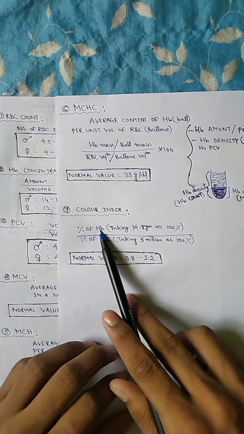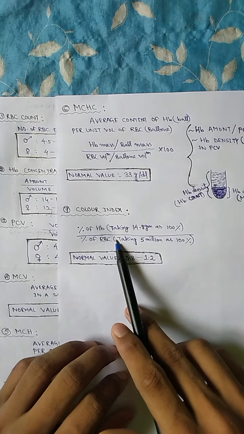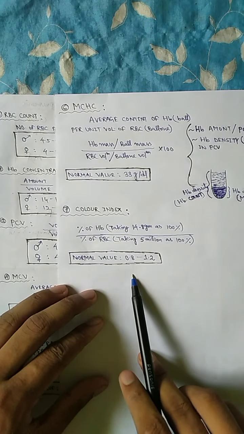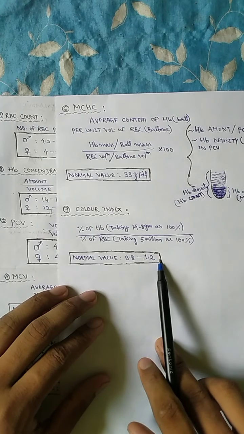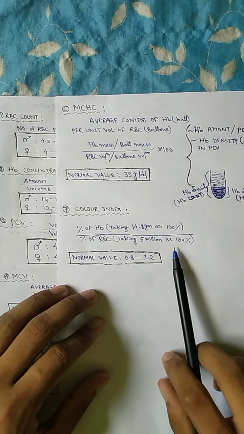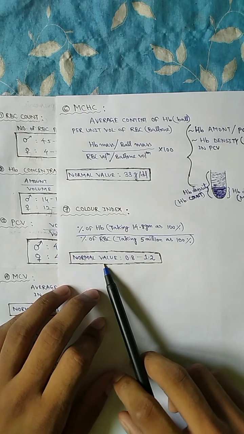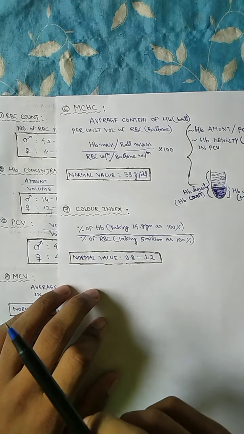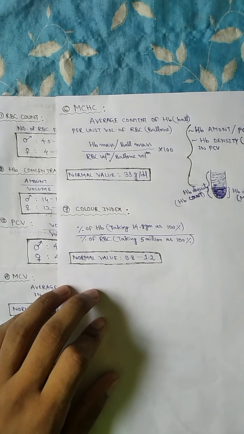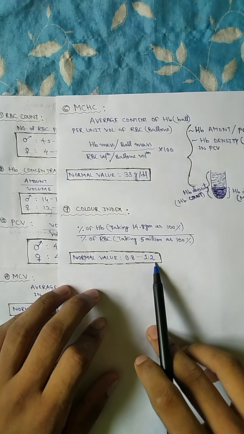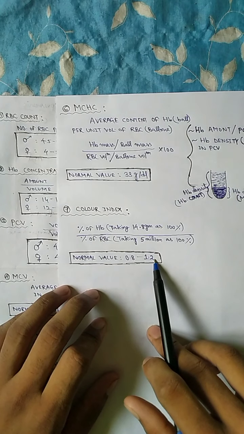So the percentage of hemoglobin divided by the percentage of RBC will be the color index. The normal value is 0.8 to 1.2. Within this range the condition is normal. If less than 0.8, there is less hemoglobin compared to RBC, and if more than 1.2, there is more hemoglobin relative to RBC.